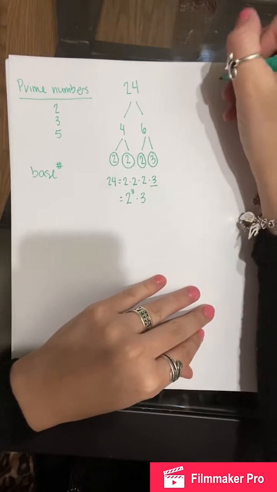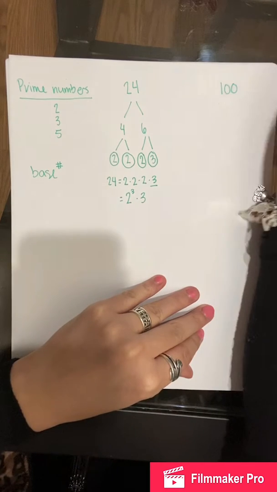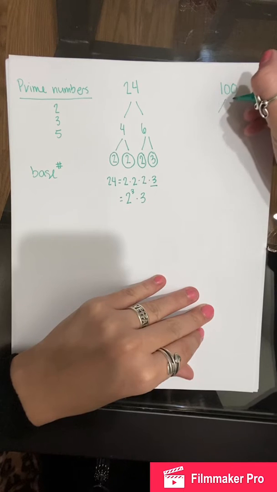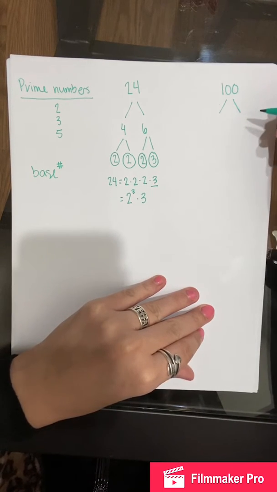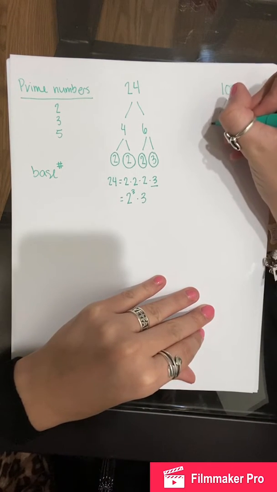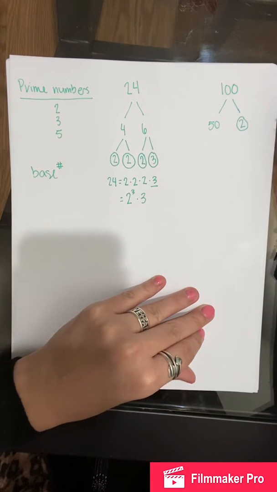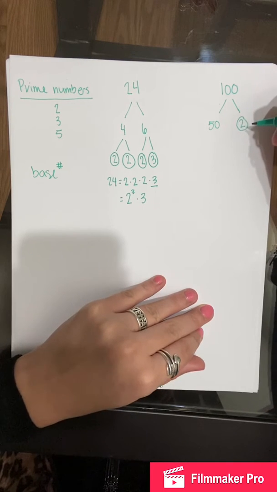How about 100? Okay, 100 is, that's many, many ways. I'm going to start with 50 and 2, because I know 2's prime, so I can go ahead and cancel that side.